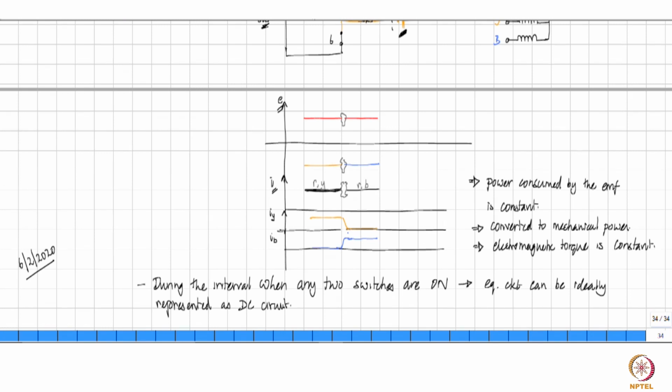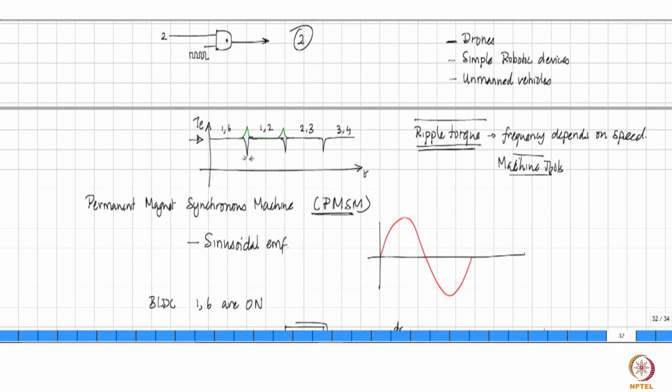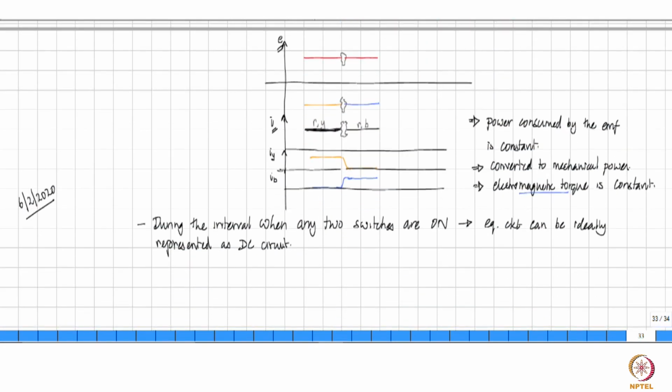That is governed by the speed at which the motor is rotating, and because of this you have the electromagnetic torque not being flat. Some variation will be there depending on what exactly is happening. Right? That is the origin of this ripple that we have drawn, and that one has to contend with.